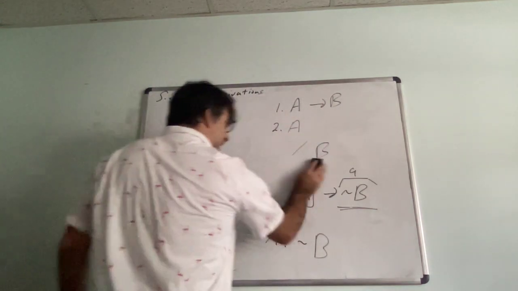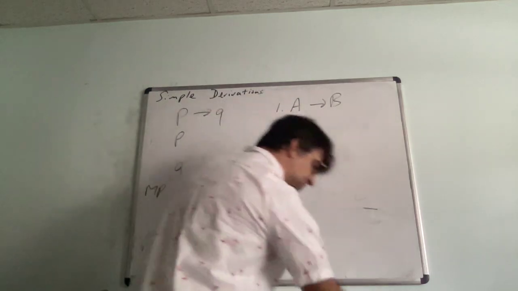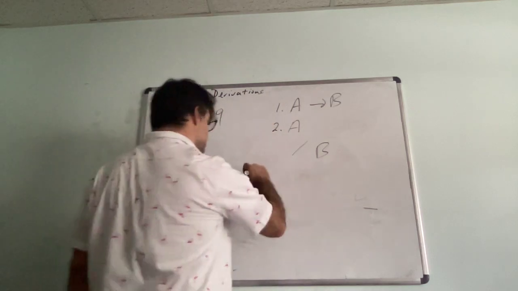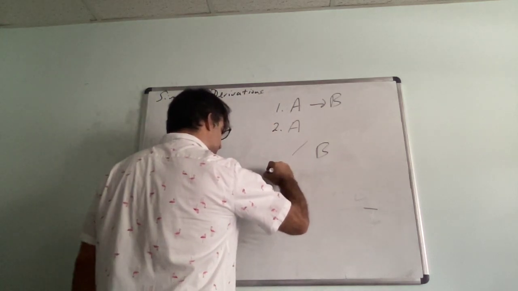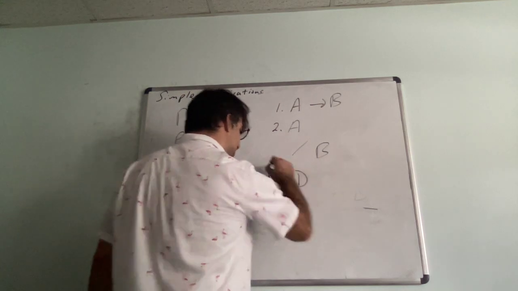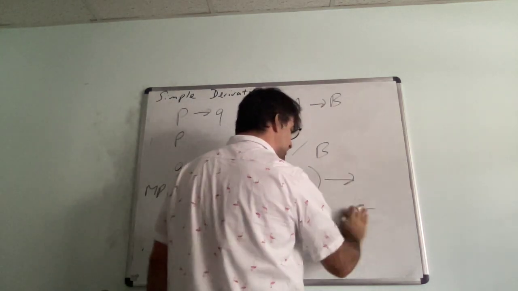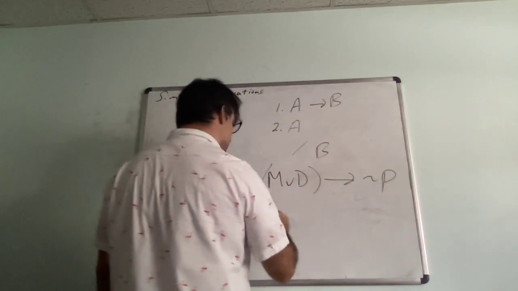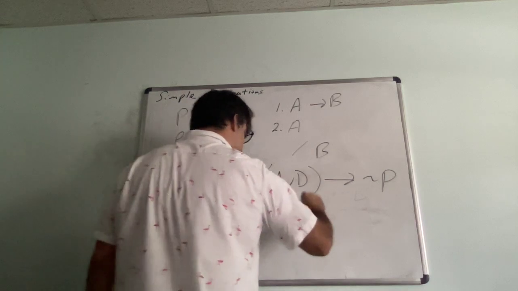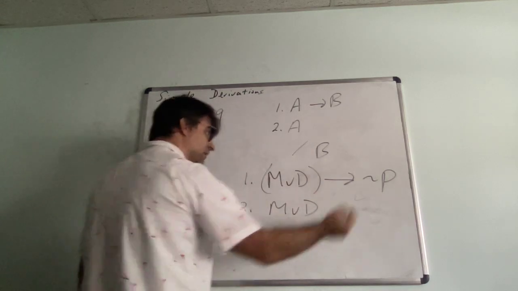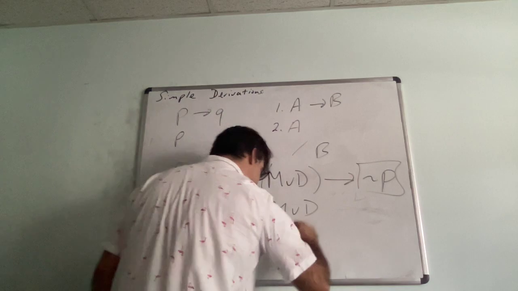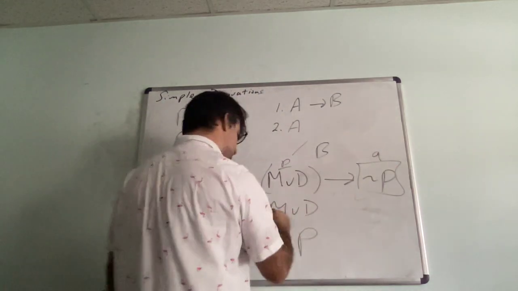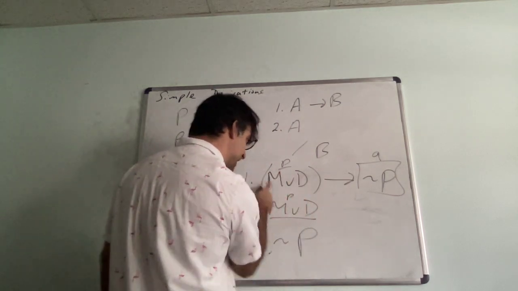The argument form also applies for other compound propositions, where P and Q are compound. If either the Mets or Dodgers make the playoffs, then the Phillies don't. Premise 2: one of them did make the playoffs, therefore we affirm the antecedent and conclude the consequent, which is not P. Here's our P, here's our Q. P is repeated here, identical.